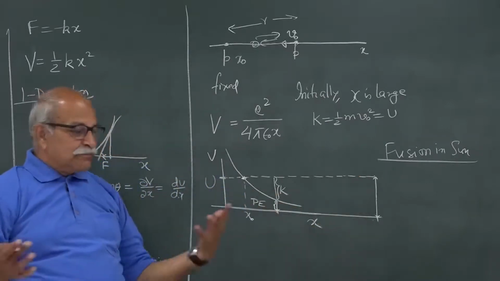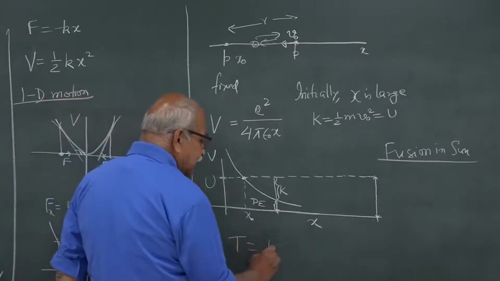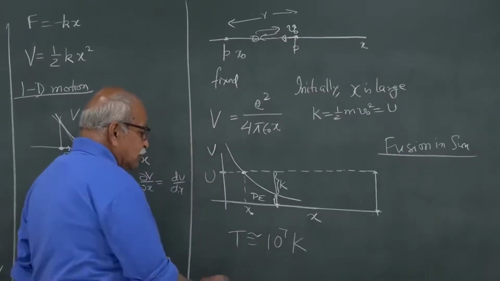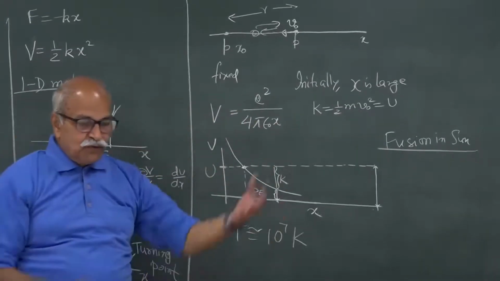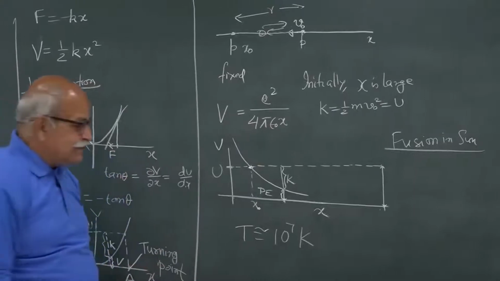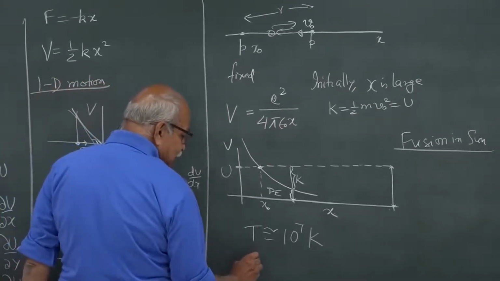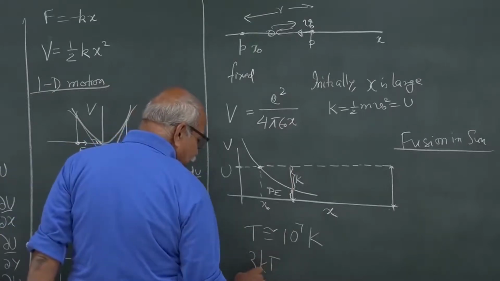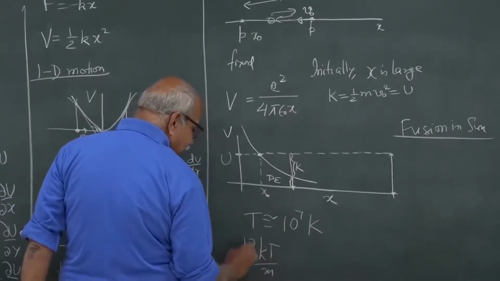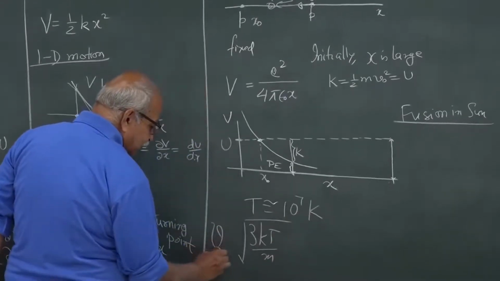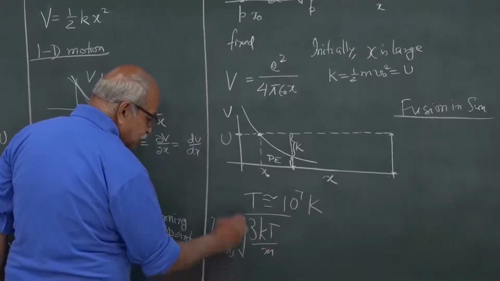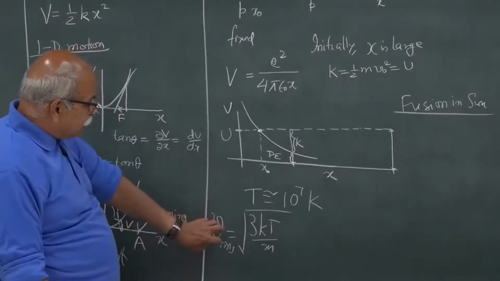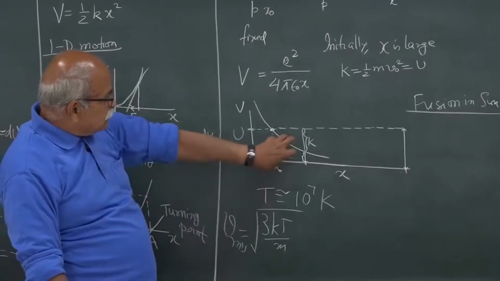Now, in the sun the temperature is of the order of 10 to the power 7 Kelvin or so, and you can assume that all the protons are moving with some thermal energies, with random motion. The RMS value of the speed is the square root of 3kT by m, and if you calculate this you get some value, and with that value you can calculate how much x naught should be.